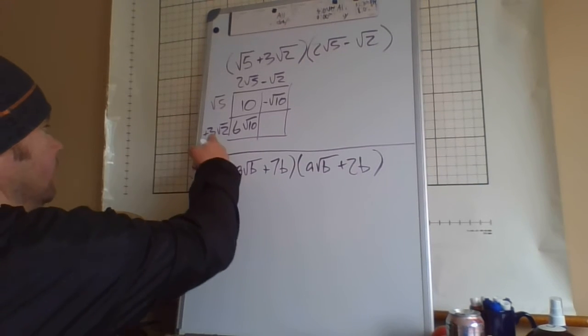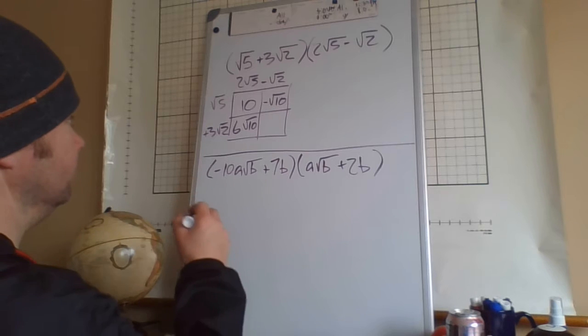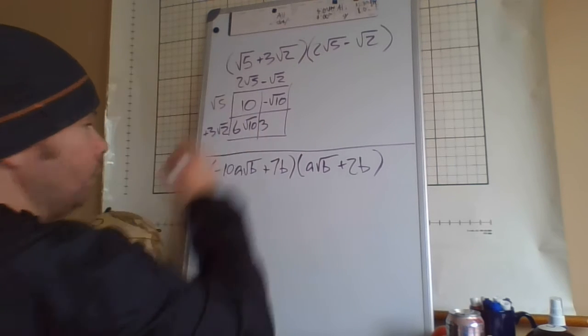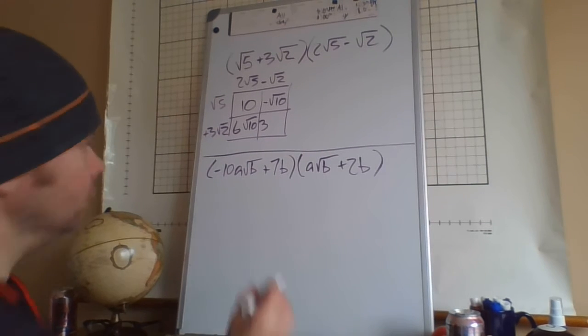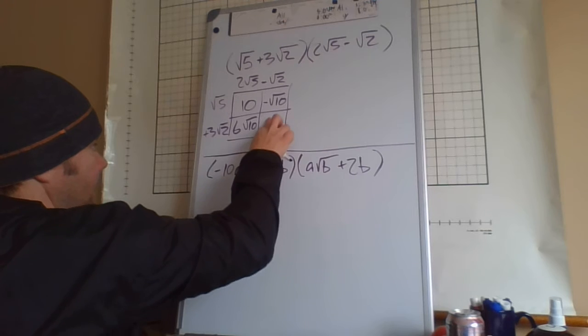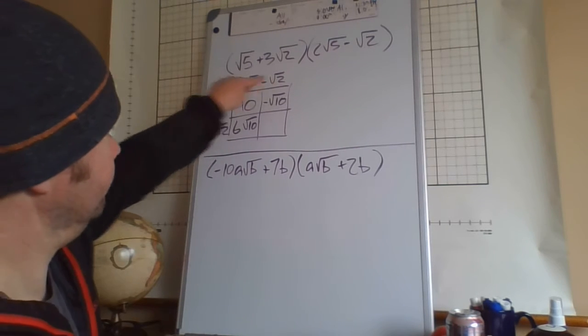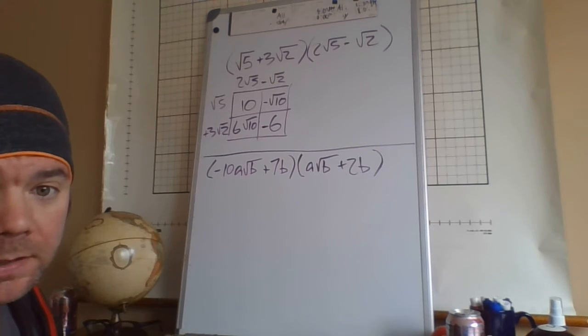And then here, 3 times the square root of 2 times negative square root of 2 is 3 times, well, the square root of 2 times the square root of 2 is 2. So really what I've got is 3 times 2, but it's negative. So I get negative 6.